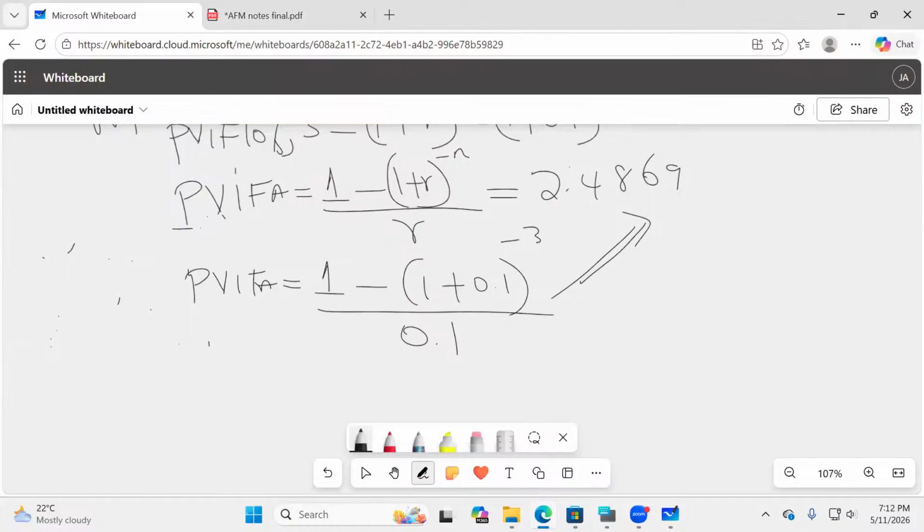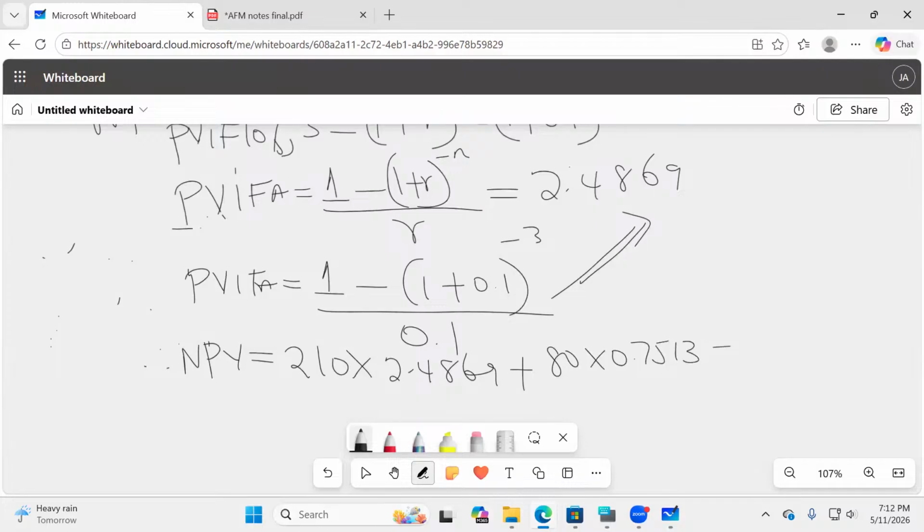And therefore, our net present value will be equal to our annuity cash flow of 210 times the PVFA that you got here, 2.4869, plus the scrap value of 80 times 0.7513 minus the initial outlay, which was 500.